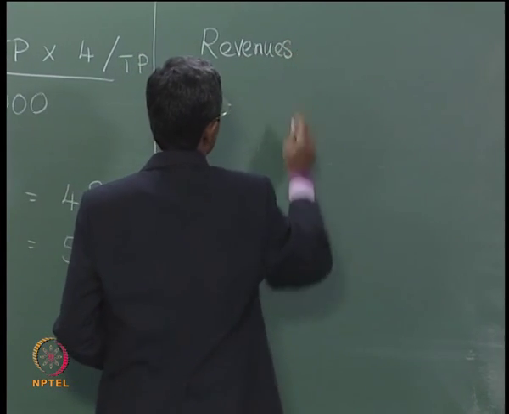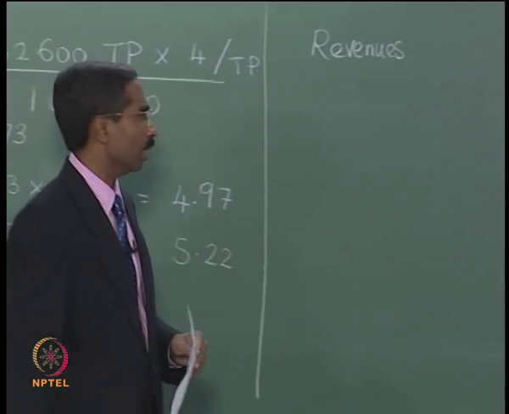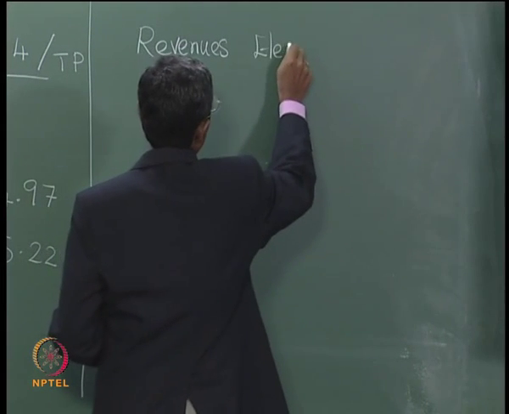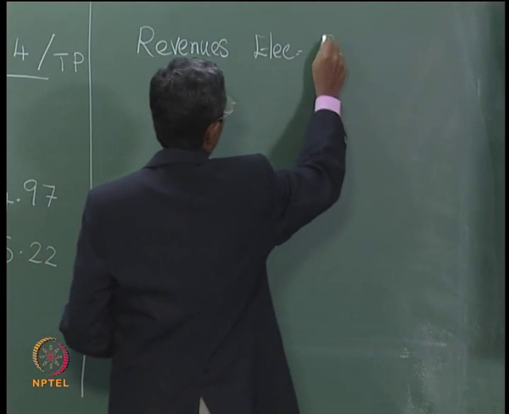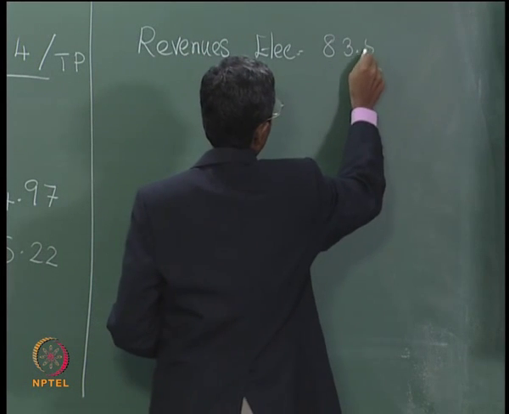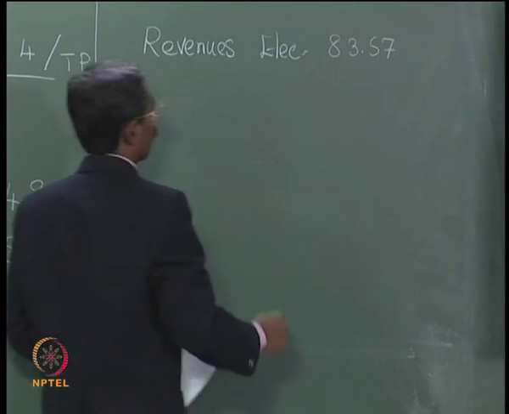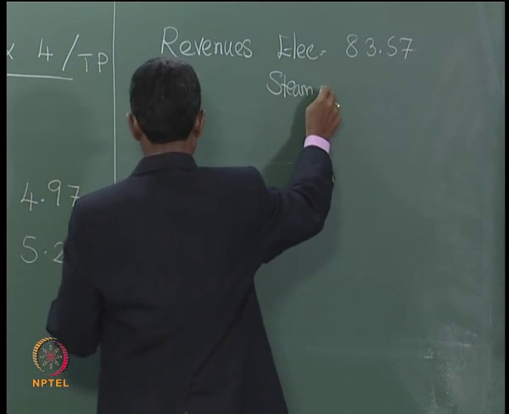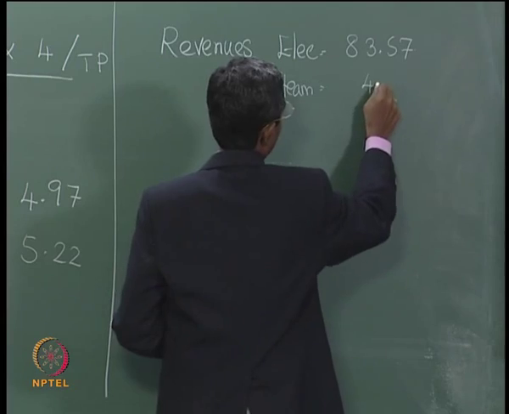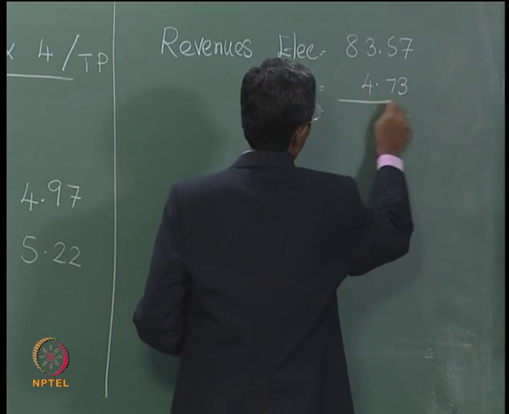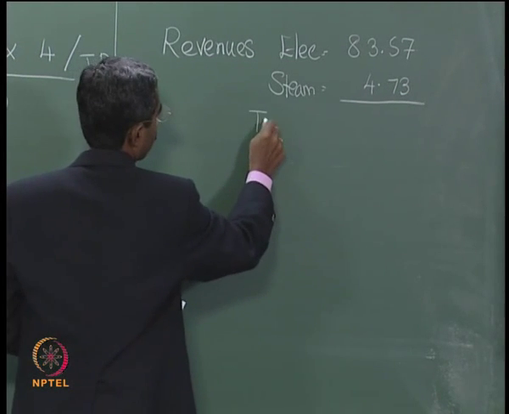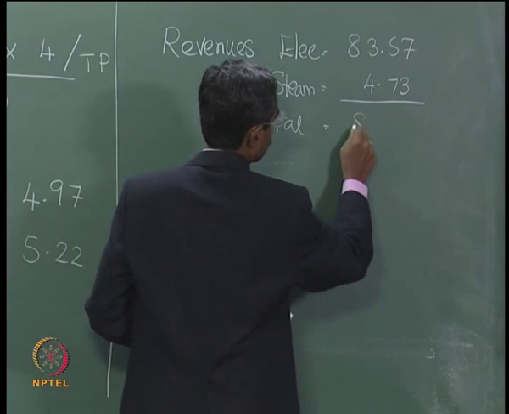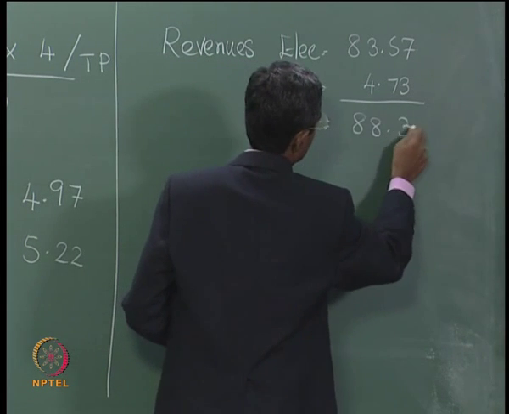Revenues from electricity would be 83.57. Revenues from steam is 4.73, and the total revenues then work out to 88.30.